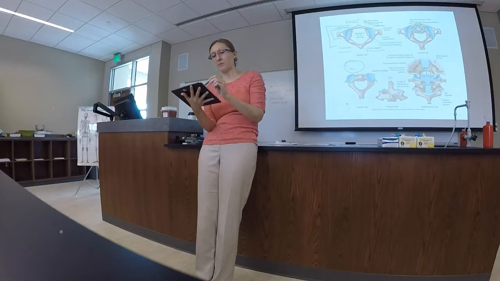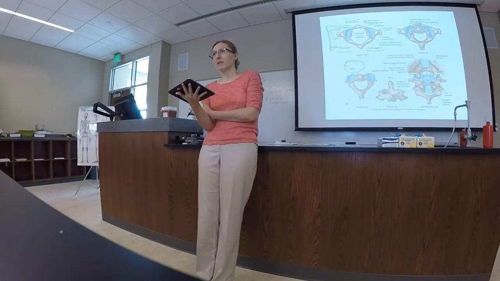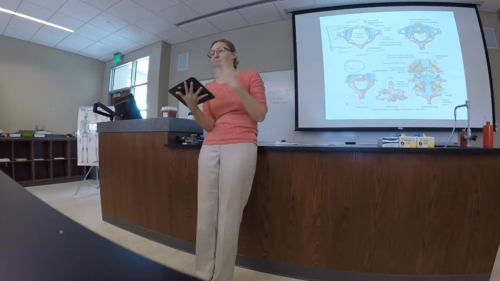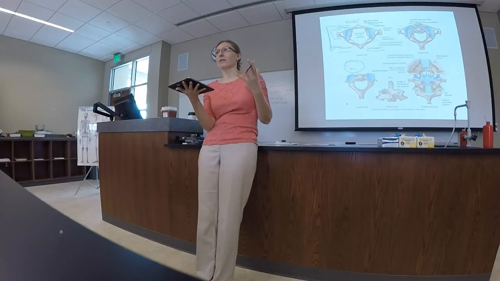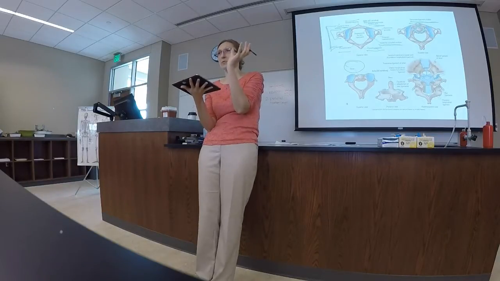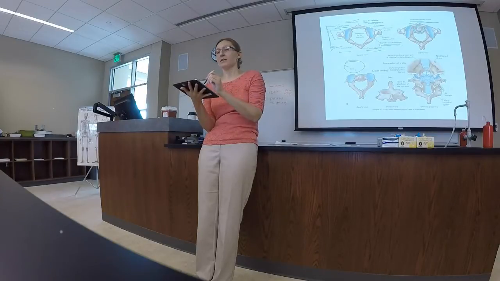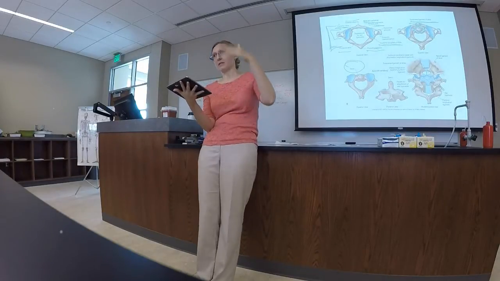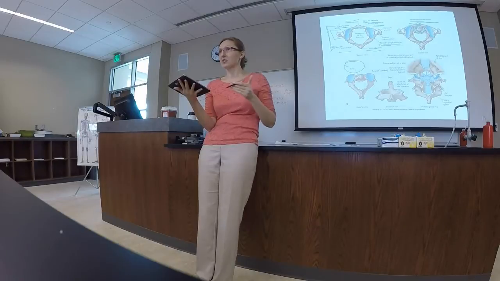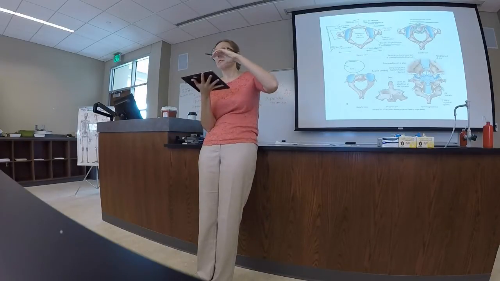Okay, so it's a pretty simple bone compared to all of the processes of the rest of them, but it's optimized for its job of cradling the skull and then articulating with the C2 vertebra to allow for rotation. So the joint between the atlas and the axis is called the atlantoaxial joint. That is then optimized for rotation of the head.